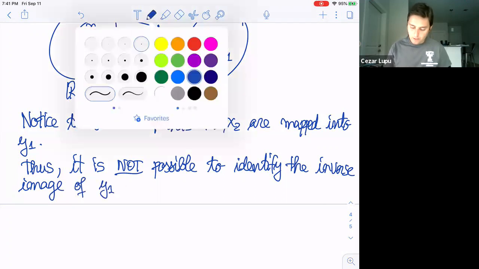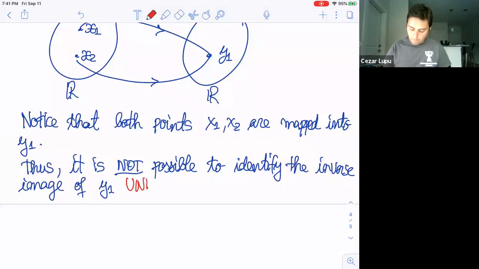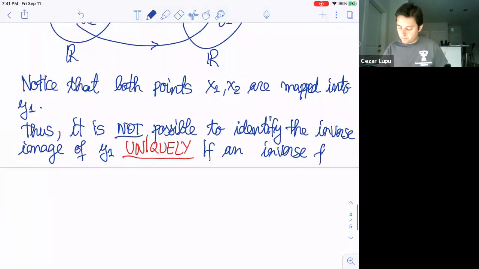This is very important. We cannot do this if an inverse function exists. Okay, so the inverse does not exist.